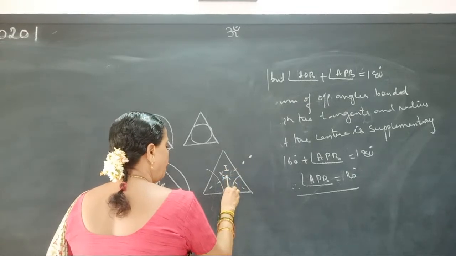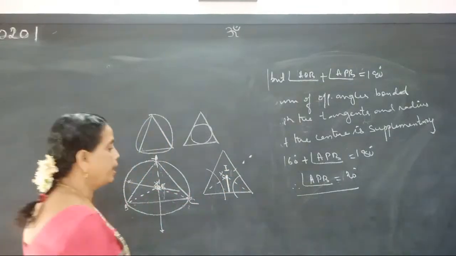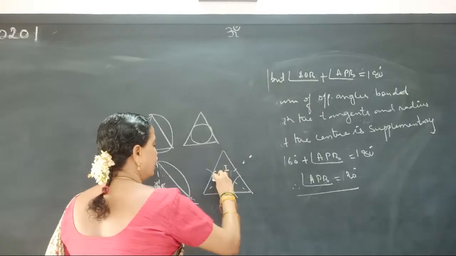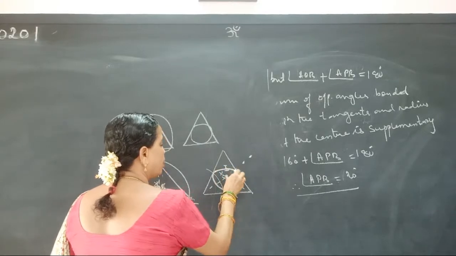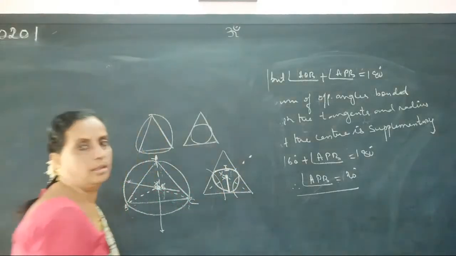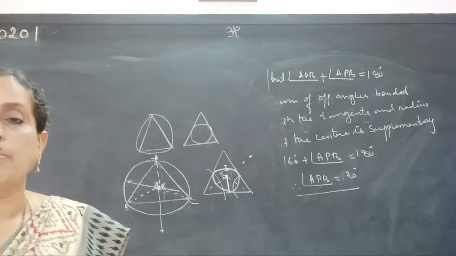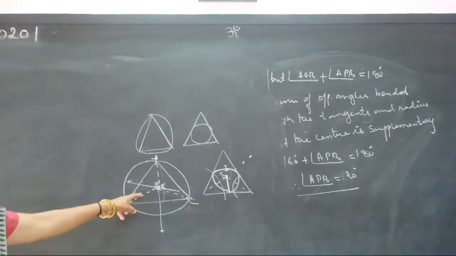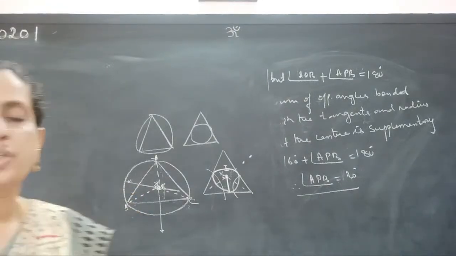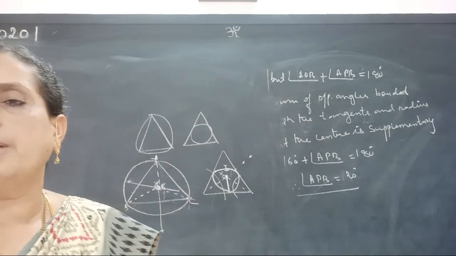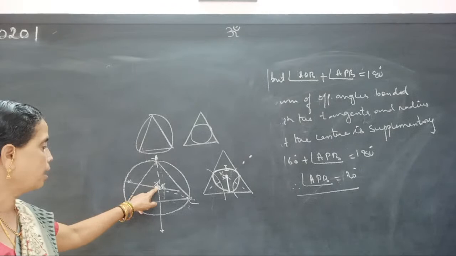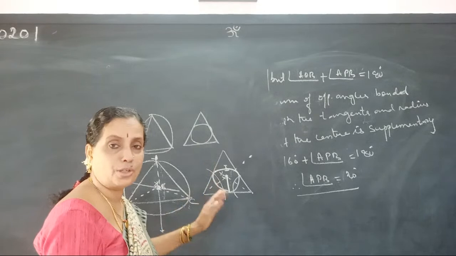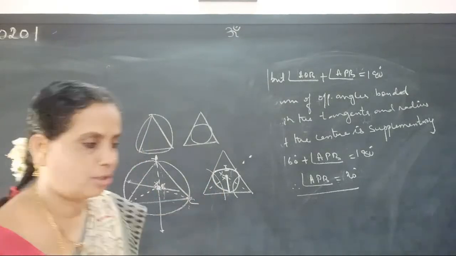If you draw a perpendicular and taking this as the inradius, if you draw, you will get a circle inscribed in the triangle. Incenter is the point of intersection of the angle bisectors. Circumcenter is the point of intersection of the perpendicular bisectors. This is circumradius. This is inradius. You may get a question based on this as MCQ. Please note down.